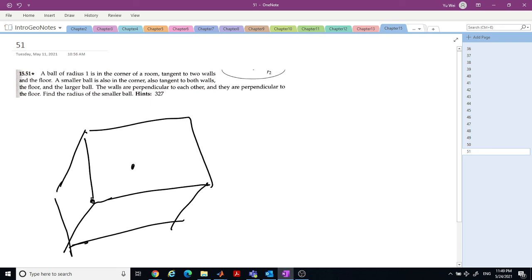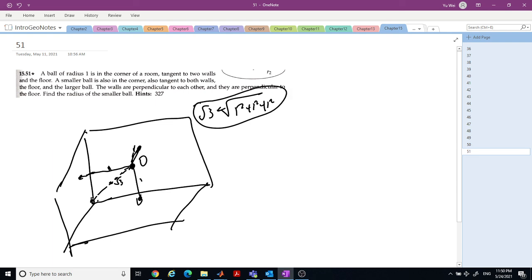You can see I have a center O, and the center is 1, 1, 1 from the three surfaces because they touch. The distance will be the square root of 1 squared plus 1 squared plus 1 squared, which is root 3. We already did this in the previous chapter.